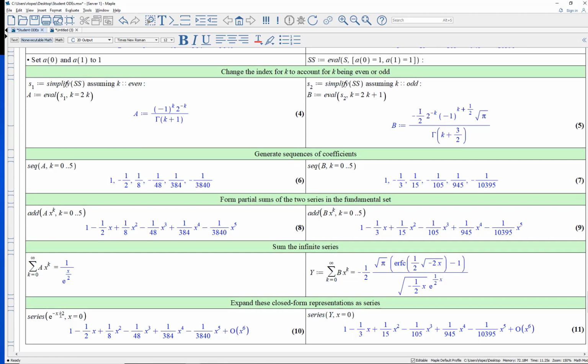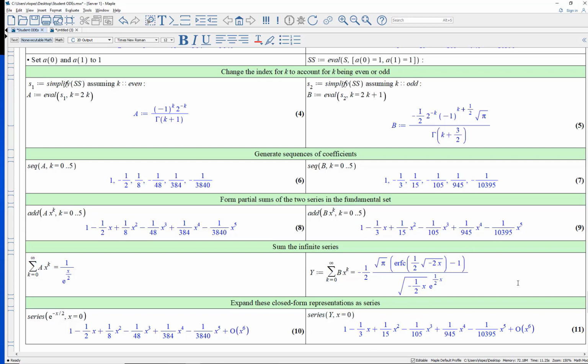If you expand e to the minus x over 2 in a power series, you get the terms that we had here in this partial sum. If you expand this multiple of the complementary error function in a series, you get these terms which match these terms.